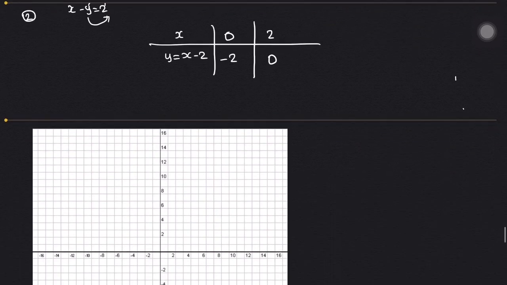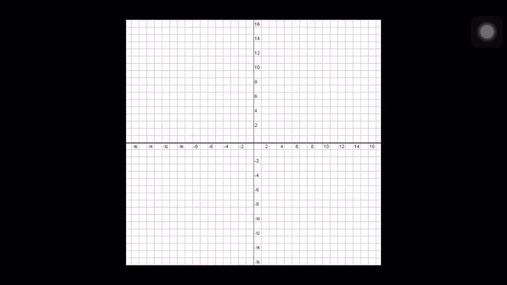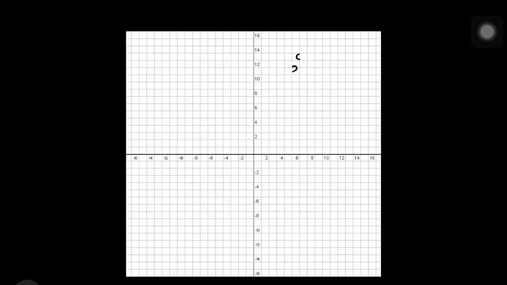Then the two points: x equal to 0 means y equal to minus 2, and x is equal to 2 means y is equal to 0. The first point, x is 0 and y value is minus 2, so this point.